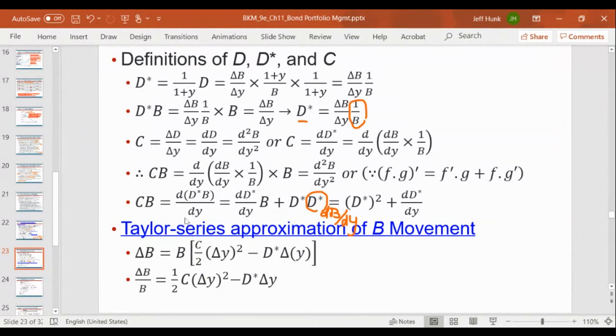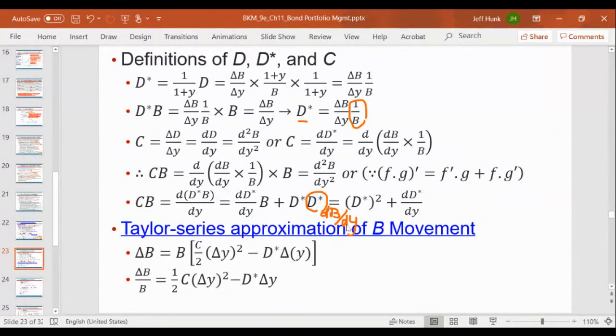So if we follow the product rule, then this is D star times B, where D star is the modified duration. First we take the derivative of D star and multiply it just by B. And second, we take the first function, D star, times the derivative of the second function, which is dB over dy.